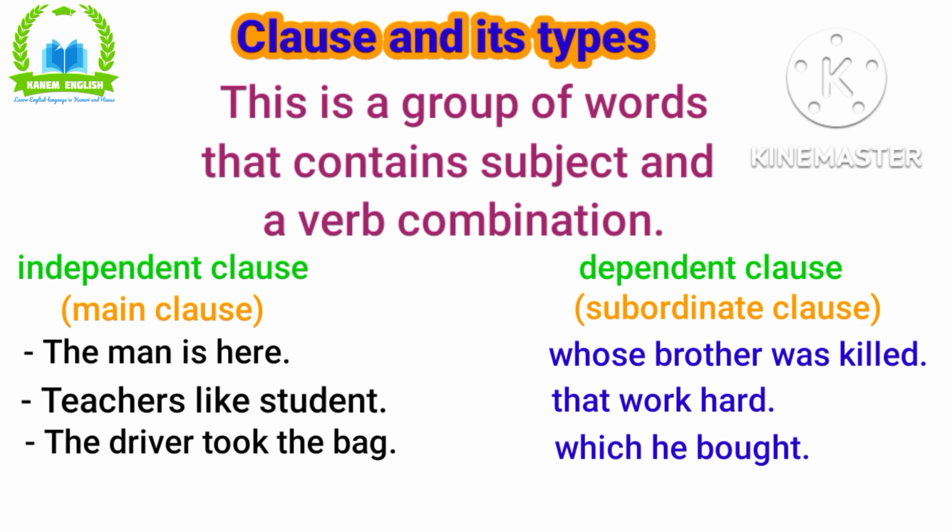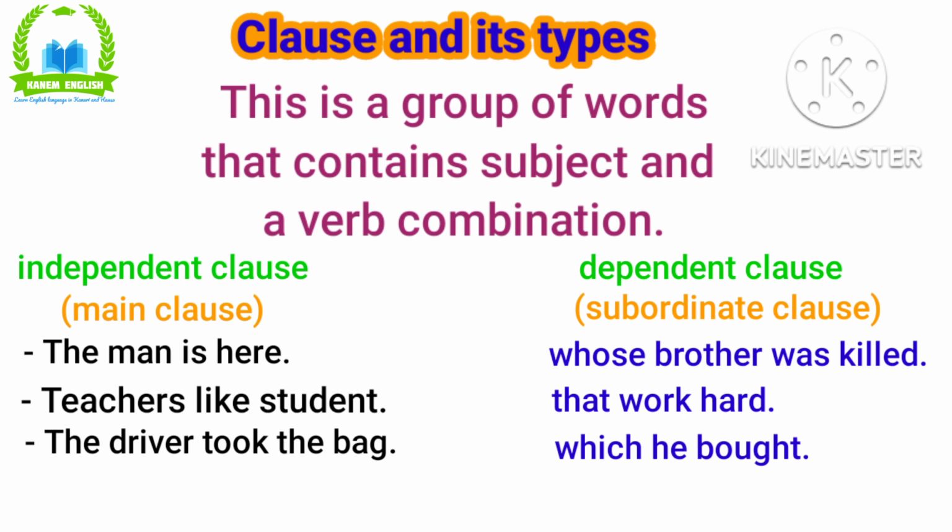This is a clause. In "that work hard," that is the demonstrative pronoun subject, and work is the verb. Therefore, this is a clause. In "which he bought," he is the subject and bought is the verb. So this is also a clause, but it cannot convey meaning. It is not understandable. Therefore, this is a dependent clause.